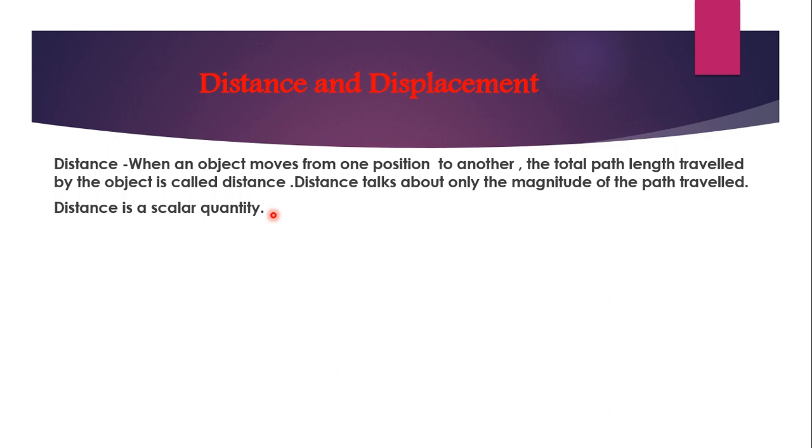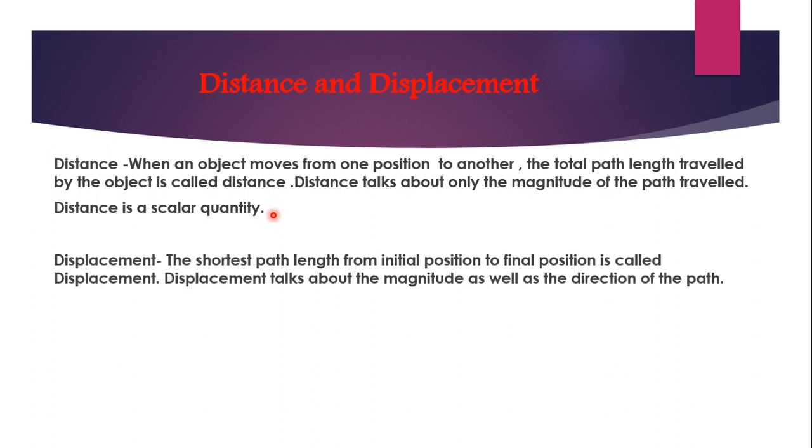When we discuss displacement, then we can understand the difference between these two, what exactly distance is and what exactly displacement is. So what is displacement? The shortest path length from initial position to final position is called displacement.